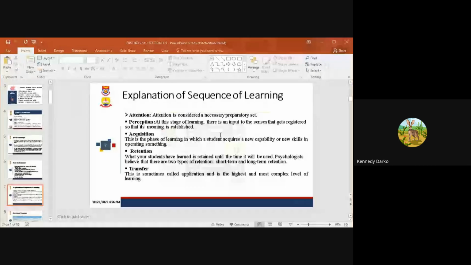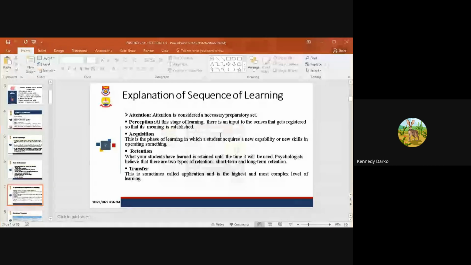Then perception. At this stage of learning, what do you do? There is an input to the senses that gets registered, so that its meaning is established. The perception that you have will tell what input you are getting. You want to register it on the long-term memory.